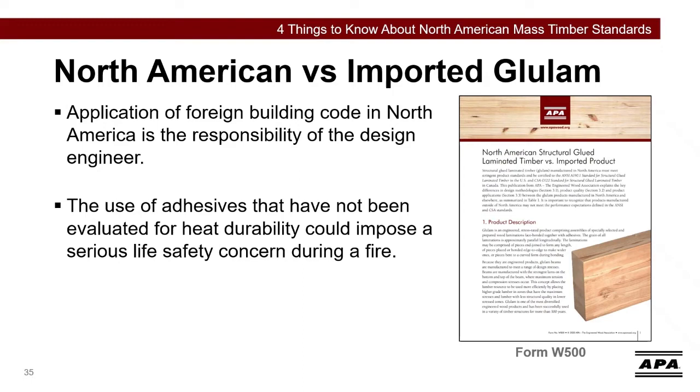Accepting Glulam products without demonstrated conformance to A190.1, as required by the U.S. Building Code, carries the responsibility of structural engineering and fire safety design, as well as acceptance of product quality and durability in structural and fire performance. See APA Form W500 for more information.